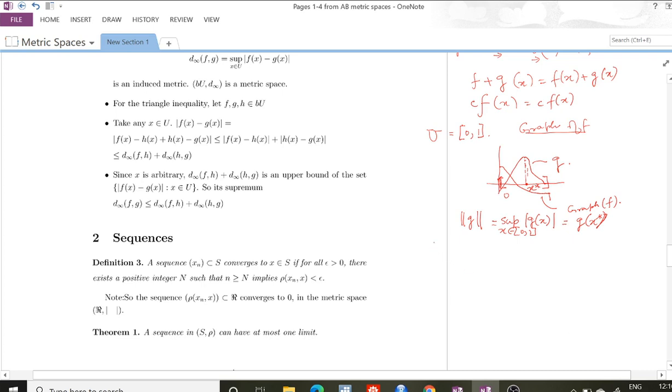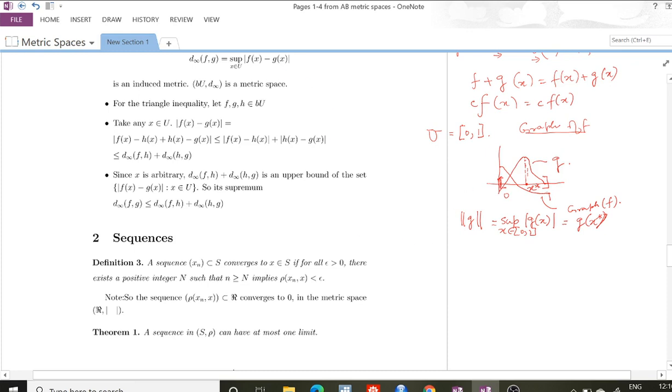And I define a metric in terms of this sup norm to be the following. Whenever I want to calculate the distance between two functions, f and g, over this space, I'm going to take the function values at each x and calculate this distance, f of x minus g of x in absolute value. And then I'm going to take the max of these distances, or the sup of these distances. So here's an example.